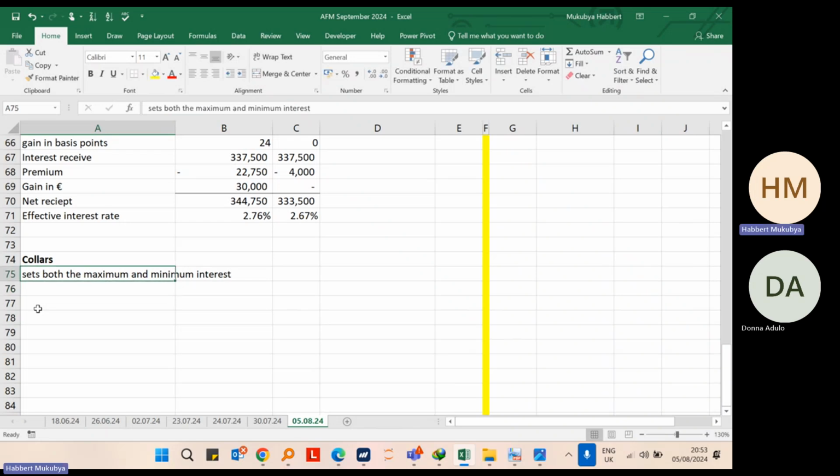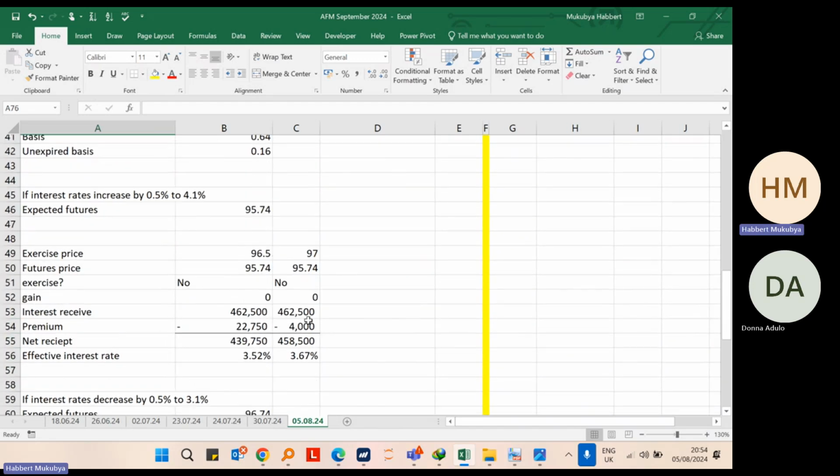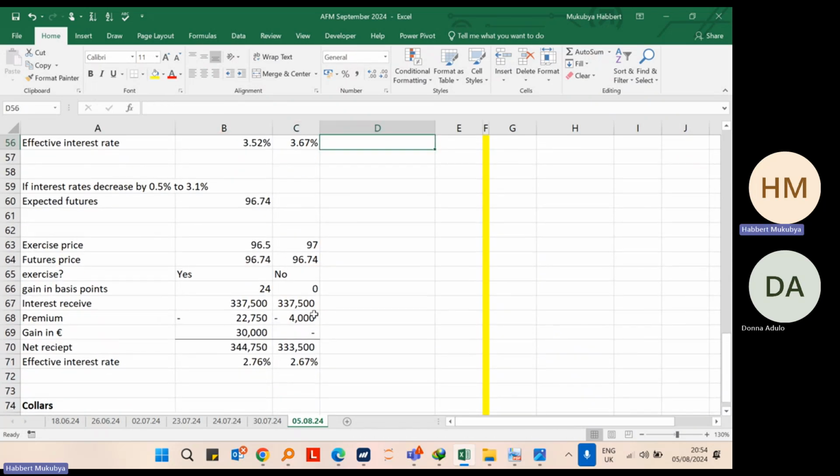So the idea here is, you see, when you buy an option, if the interest rates move, if they increase, like in this case, we didn't exercise because we are okay to just go by how things are. But if they decreased, we exercised.